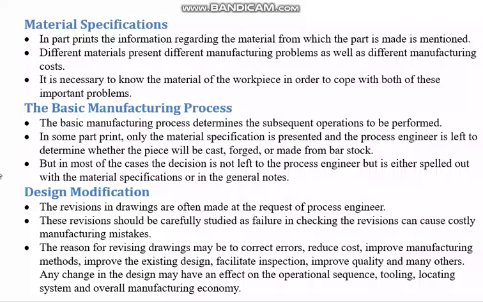If only a few parts are to be manufactured, the design engineer can come and discuss with the process engineer. But if we are talking about a big number of parts, like 50 parts, 100 parts, 100 different parts that you have to manufacture.